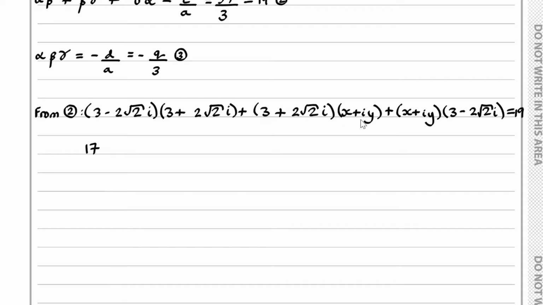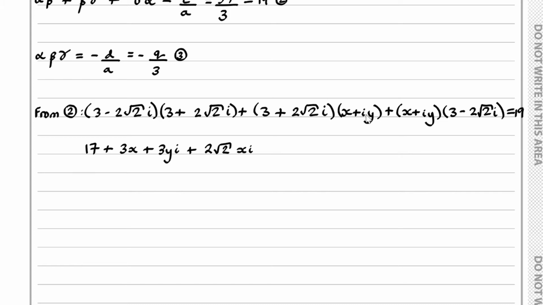And if we expand these two brackets, we have 3 times x, so that's just 3x. Then we have 3 times iy, so we have 3y i. Then we have 2 root 2 i times x, so here we've got 2 root 2 x i, and then we've got 2 root 2 i times iy.